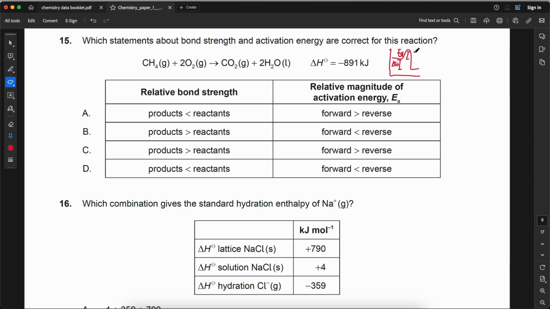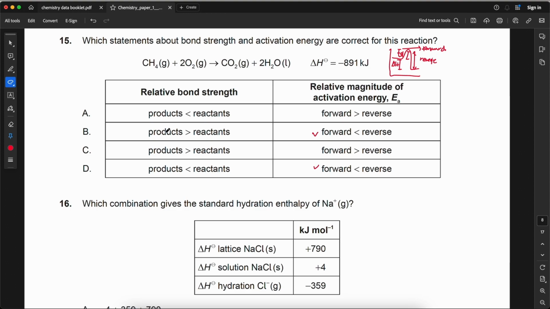And for the reverse reaction, it will be activation energy plus delta H. This is for reverse, and this is for forward. Therefore, forward is smaller than reverse. Forward smaller than reverse, so between B and D.